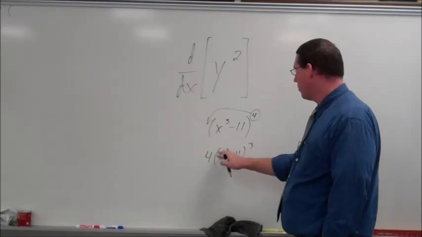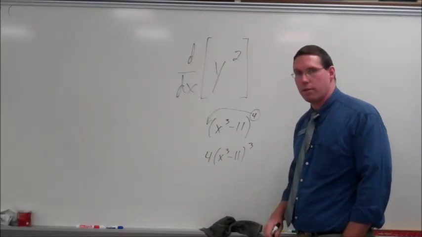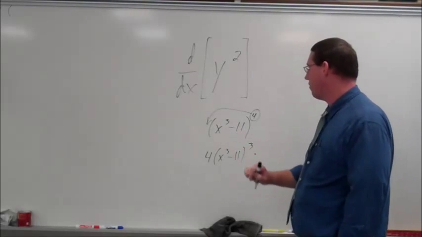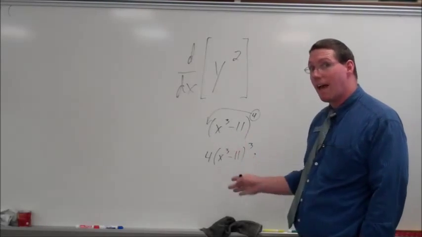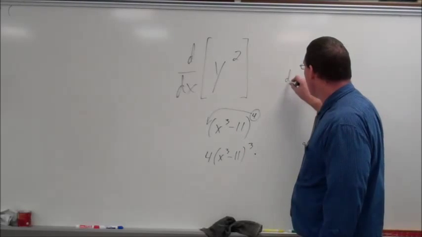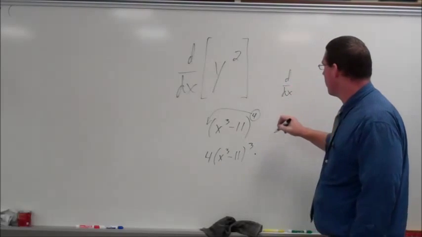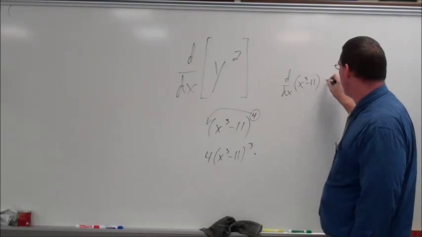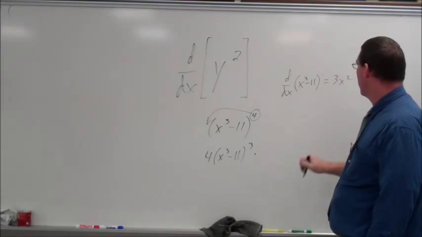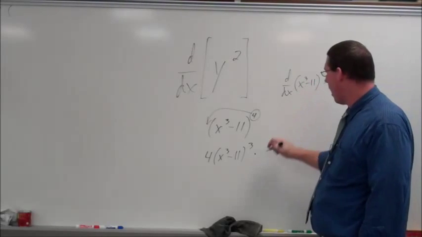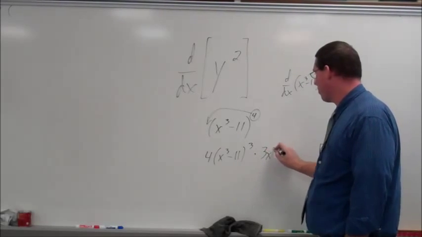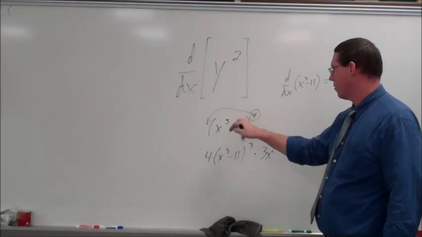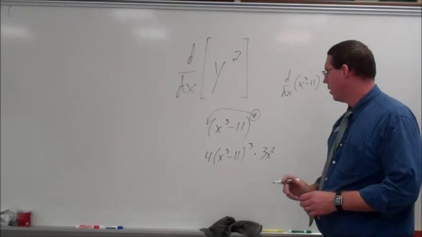So we get 4 times x cubed minus 11 quantity to the 3rd power, and then we multiply that by the derivative of the inside with respect to x. d/dx of x cubed minus 11 is equal to 3x squared. So when we do the derivative of the inside, we just multiply by 3x squared. And by the chain rule, that is now the derivative of this composition function.